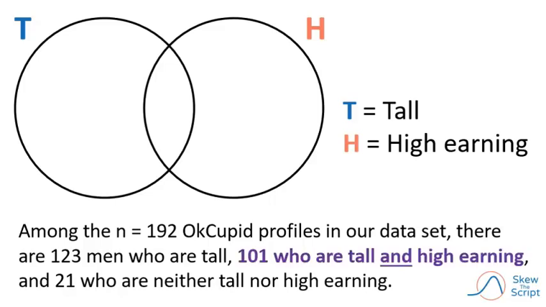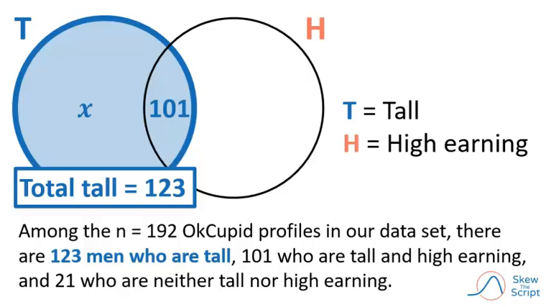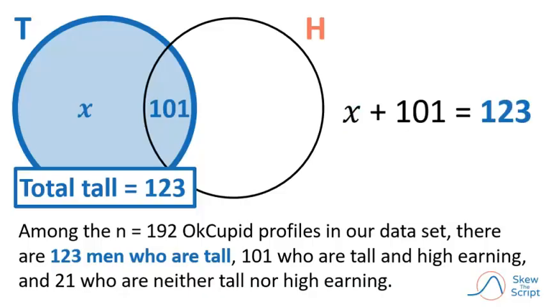First, we were told that 101 of the profiles reported being tall and high earning. Since these profiles have both characteristics, they fall into the intersection. And then there are 123 men who are tall. So that means that the total number in the tall circle should add up to 123. 101 of the tall profiles are already accounted for in the intersection.